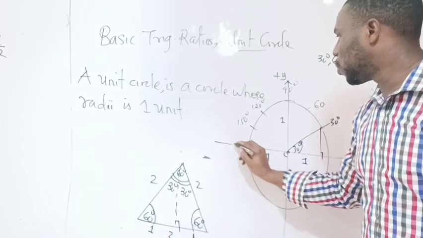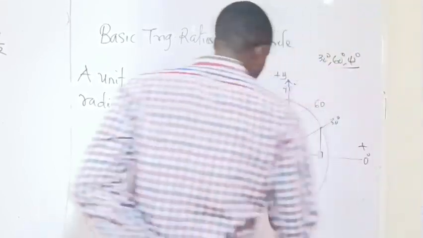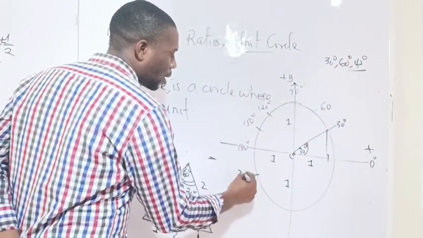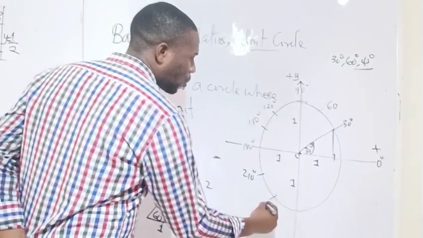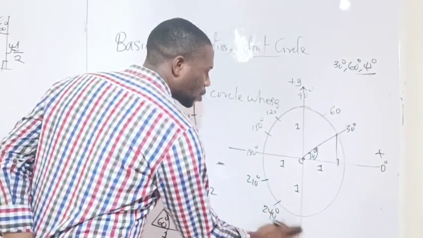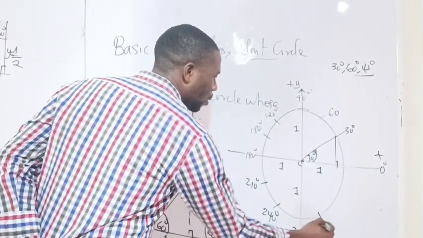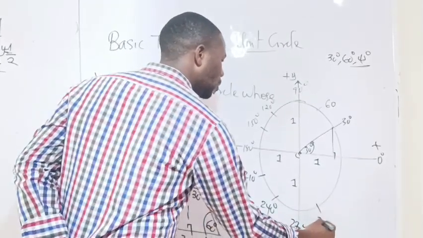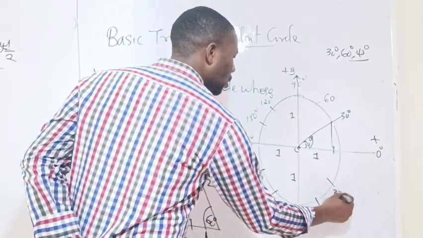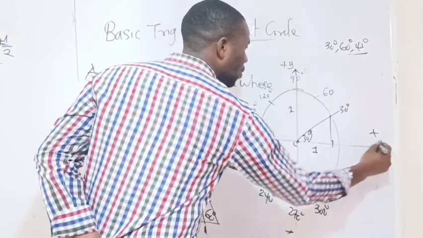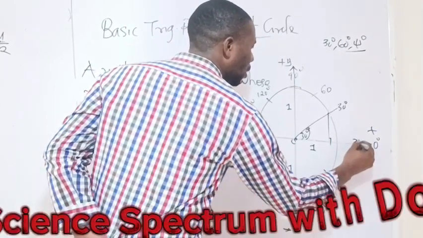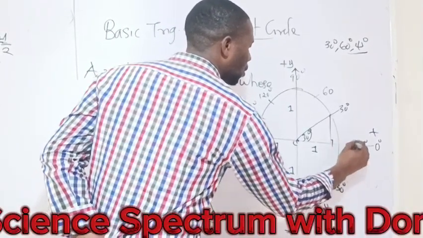You are free to imagine this is 180 degrees. 30 degrees more, you have a 210 here, 30 degrees more, you have a 240, this is 270, this is 300, this is 330, and of course this is 0, or you have a 360 degrees, or 0.